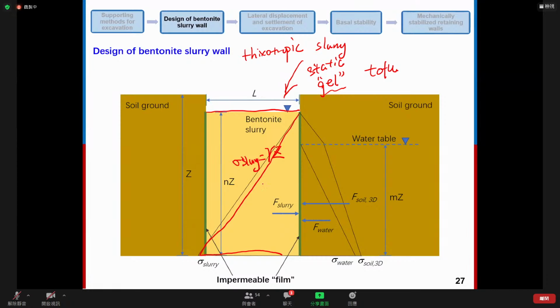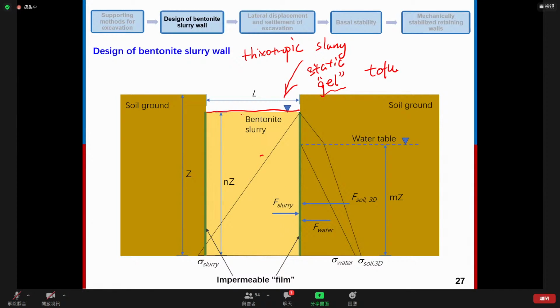So here we can also calculate the resultant force of the bentonite slurry. We use F slurry to represent the resultant force. As you can see, this force will prevent the soil from collapsing inside the excavation. Okay.